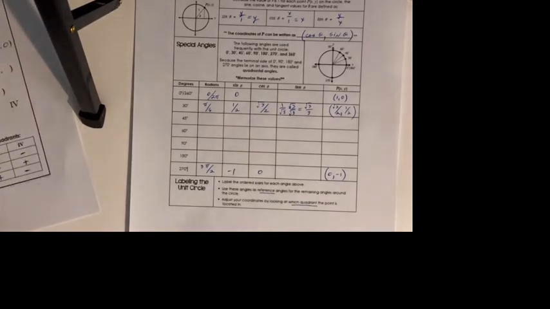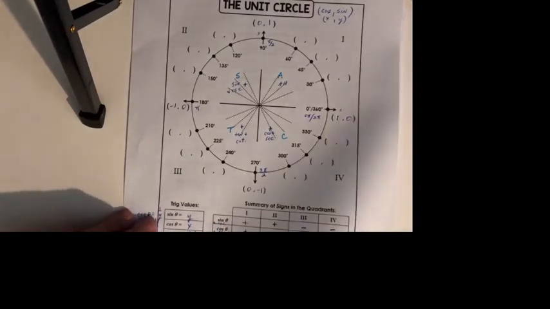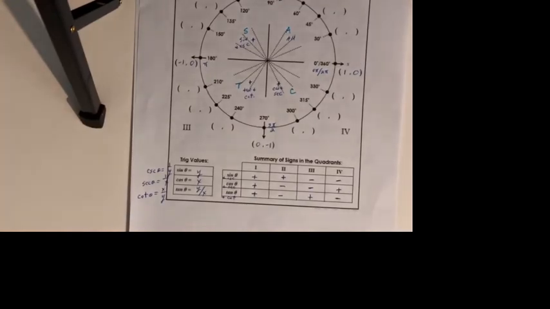So listen to the video. Use the graph that I gave you. Use this chart here to help you determine where to move and how to calculate the points, and finish that worksheet. And then you'll have more practice.